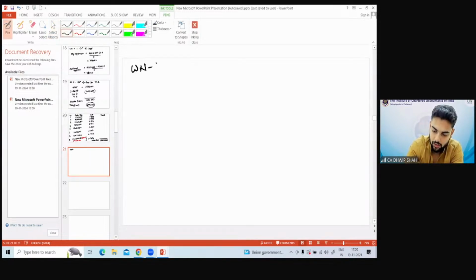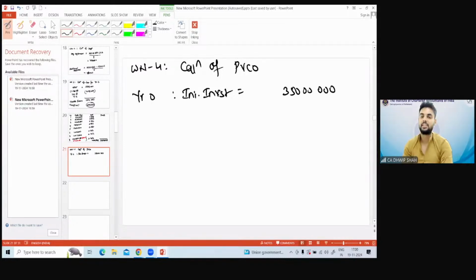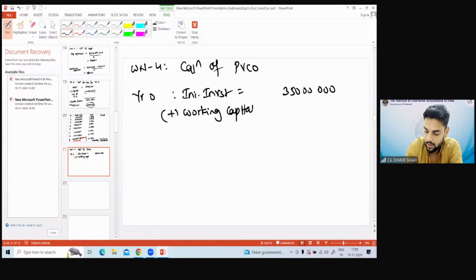Next working note, we will calculate PVCO. So in PVCO, at the start of the project, we will invest in the equipment cost, which is nothing but 3.5 CR. And since it is at the start of the project, no need to discount. We will also invest in working capital, which again will be invested at the start of the project. So no need to discount.